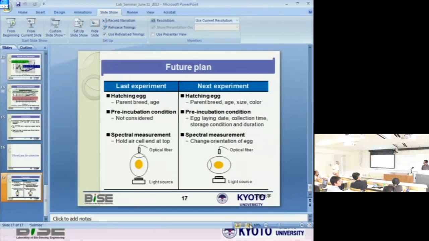Still, I did not decide how much distance we will keep. We will make one trial here and then we decide this distance between the optical fiber and light source.